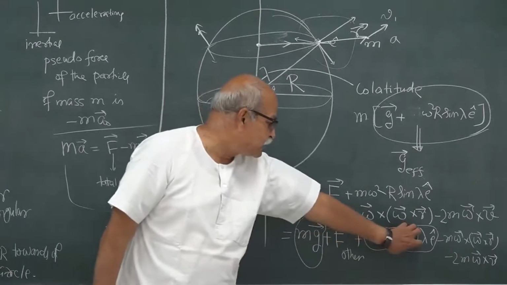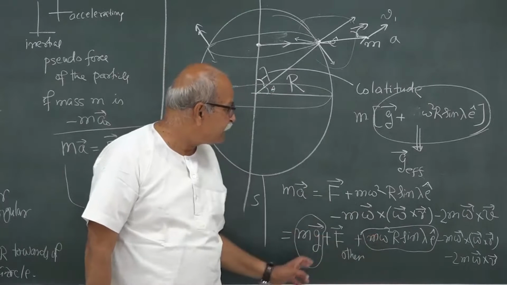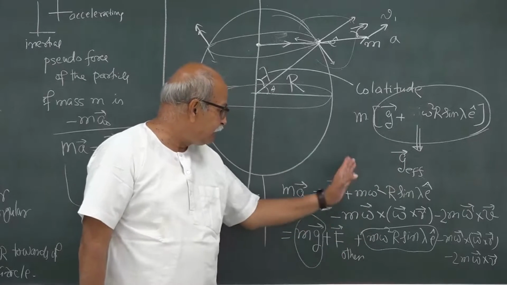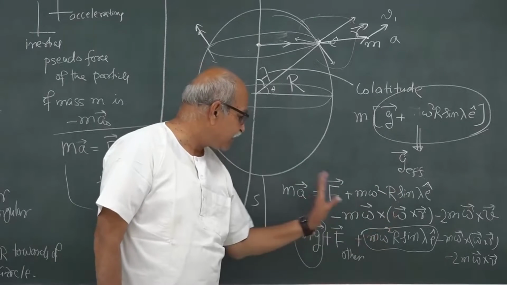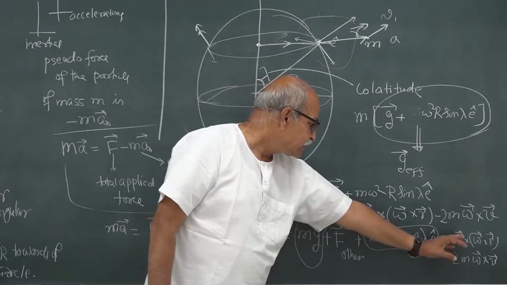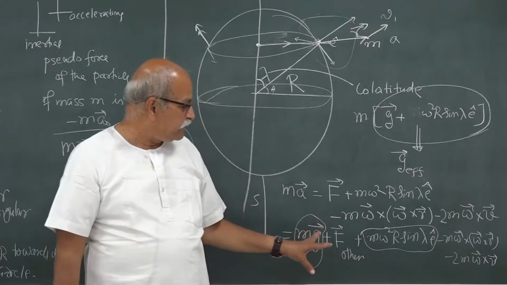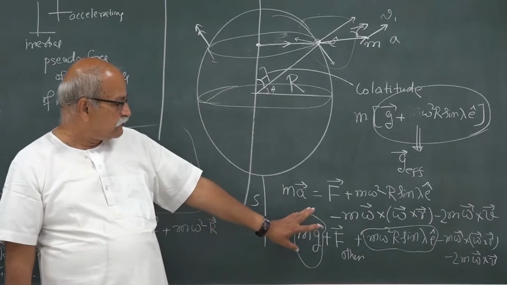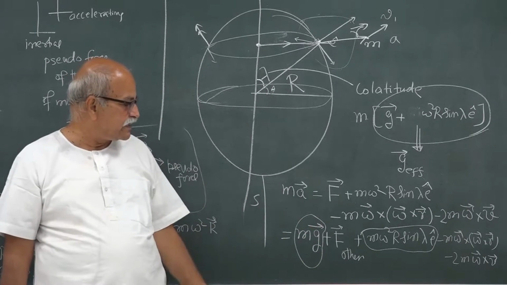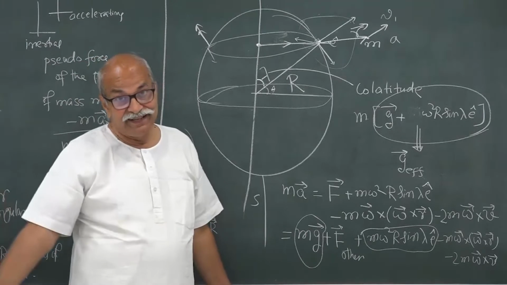So, this will be absorbed in G, and these two terms taken together we will call G effective. So, m times G effective, any other forces if present, and then the centrifugal and this Coriolis force. This will be our equation of motion, and we will be using this equation for some simple cases, a freely falling particle or maybe a projectile and so on.